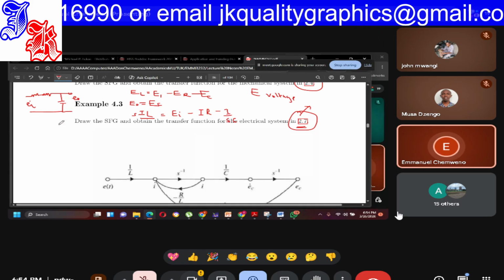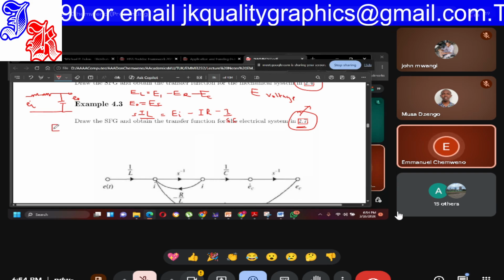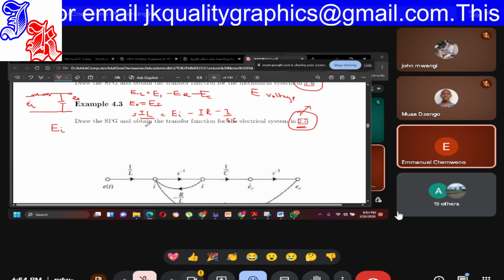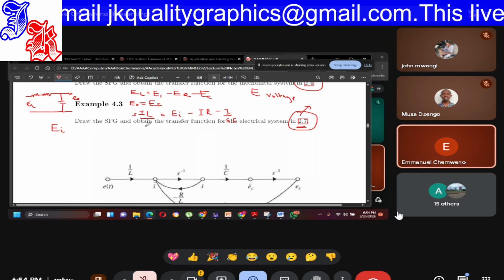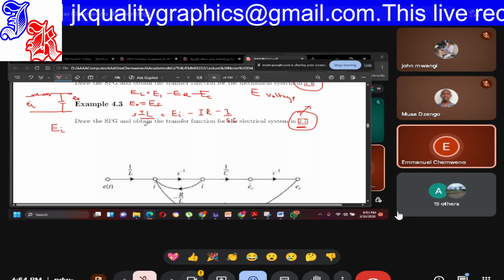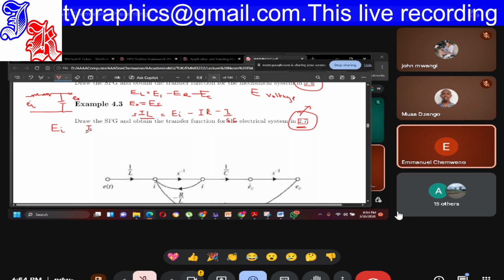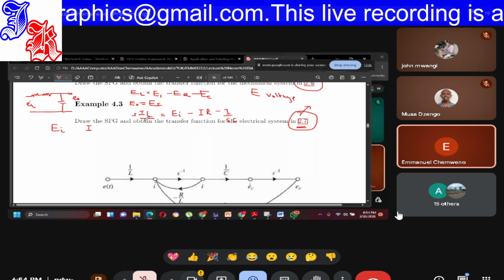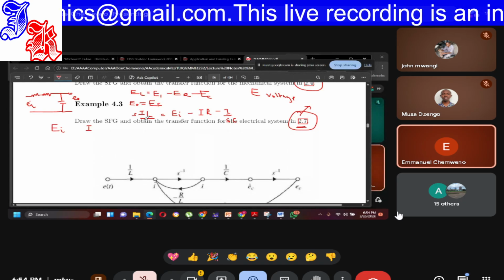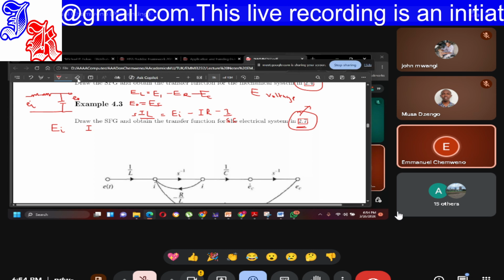So for our unique signals, we need EI, we need I. Let me put it this way.